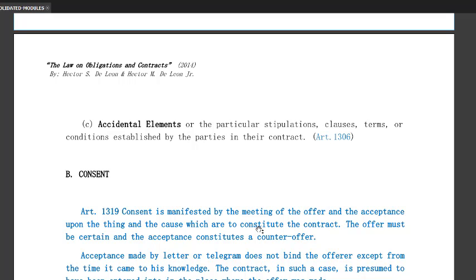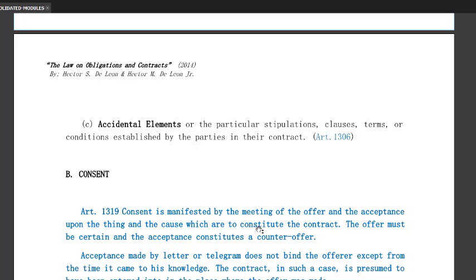It means that all the parties to the contract have the freedom to stipulate clauses and certain terms, provided that they are not contrary to law, public policy, public order, etc. So, those are our accidental elements.